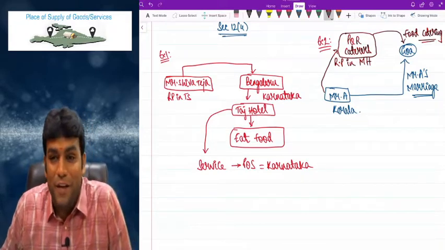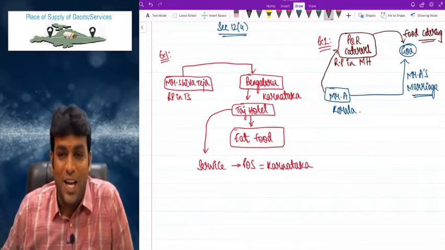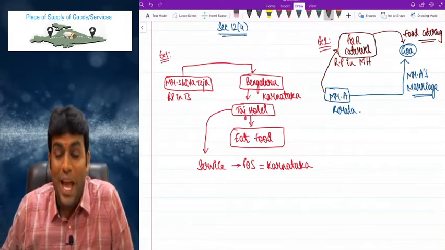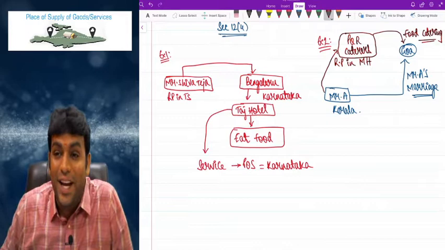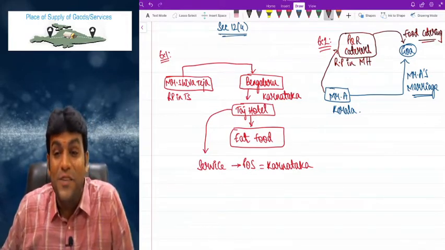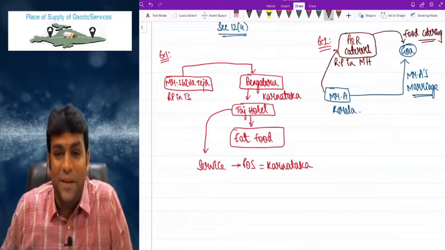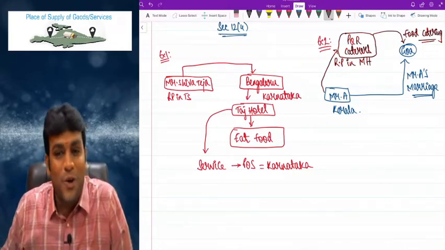If you observe very carefully, my dear friends, A is of Kerala, PQR is of Maharashtra, and the marriage is happening in Goa. Mr. A contacted PQR to provide catering service for a marriage event which is to be held in Goa.